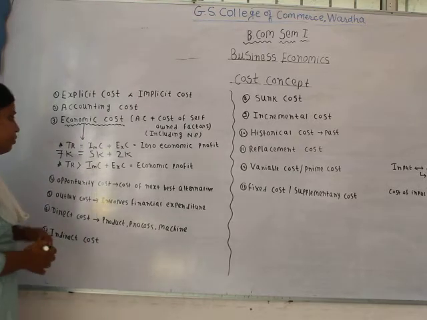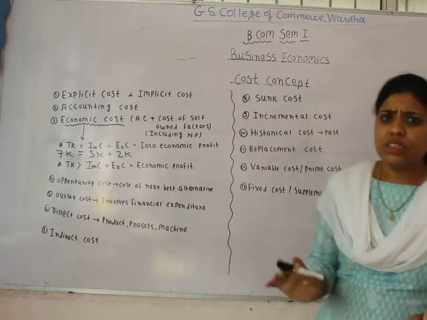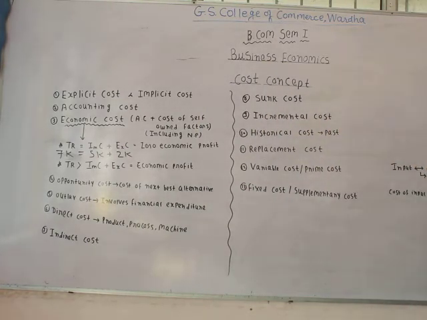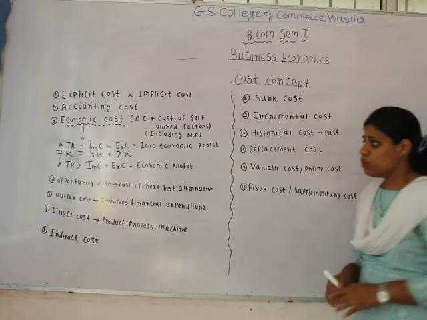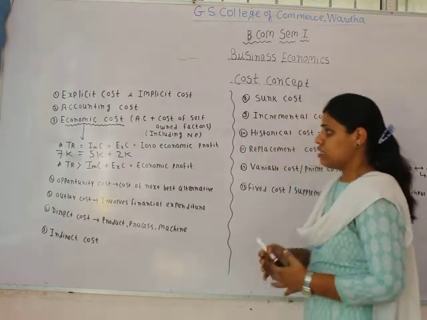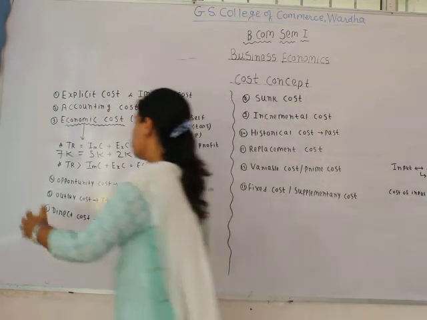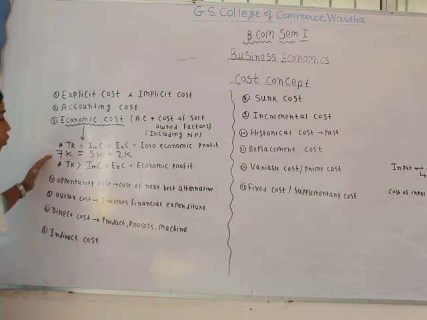It means you are spending 7,000 rupees in your business, whether explicit or implicit, and you are getting total revenue of 7,000 rupees only.